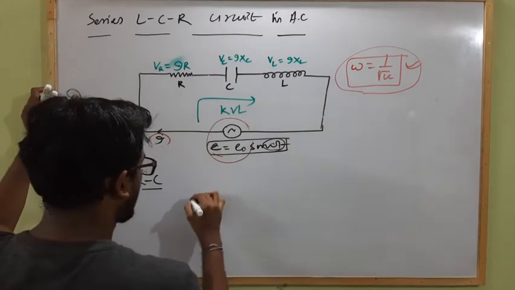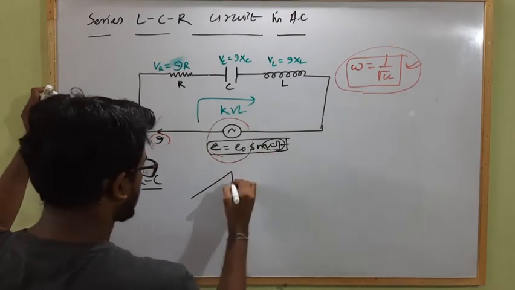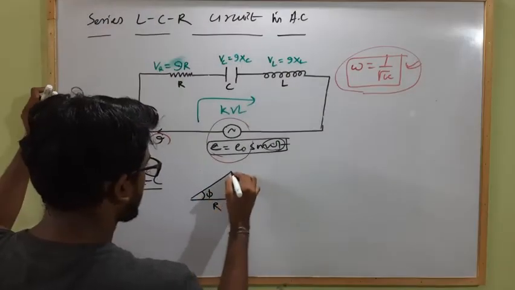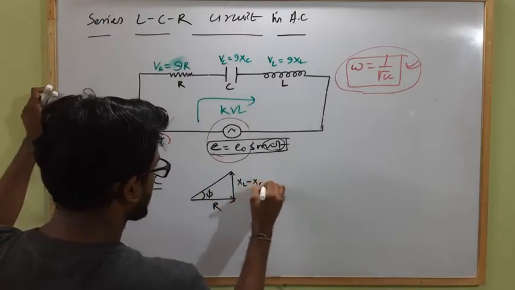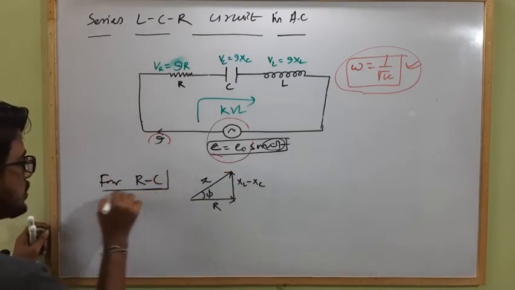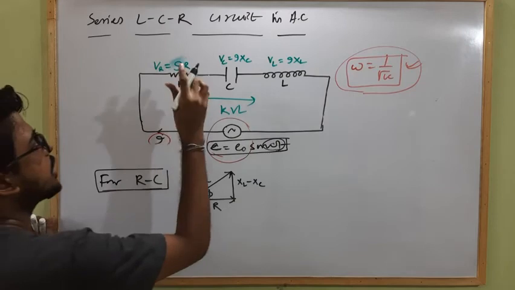The impedance triangle will be like this. This is phi. This is R. This is XL minus XC. This is Z. So if it is only RC, that means the circuit contains only R and C.